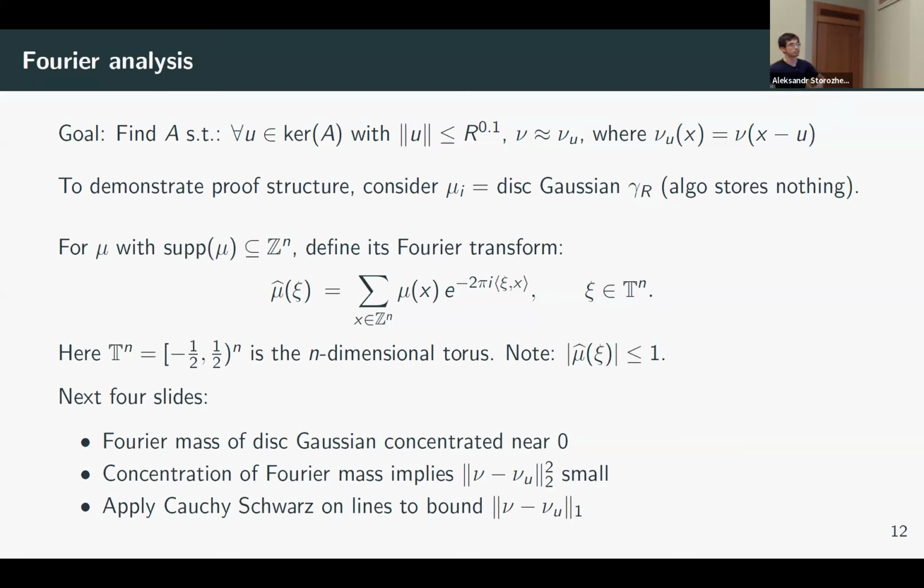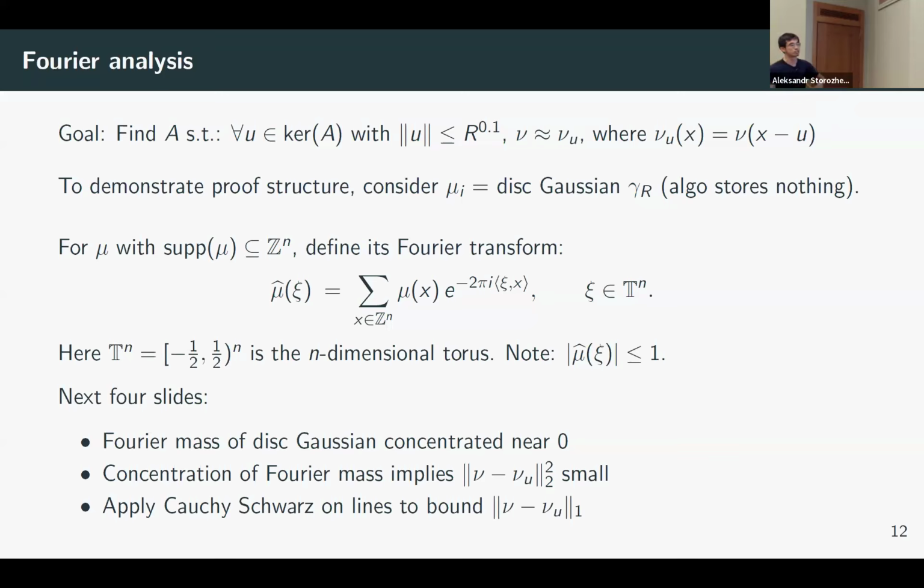Okay. So first, if we have a discrete Gaussian with parameter r, then the Fourier transform is very similar to the Fourier transform of the actual, continuous Gaussian. It has basically the same form, the only difference being that it's now periodic.